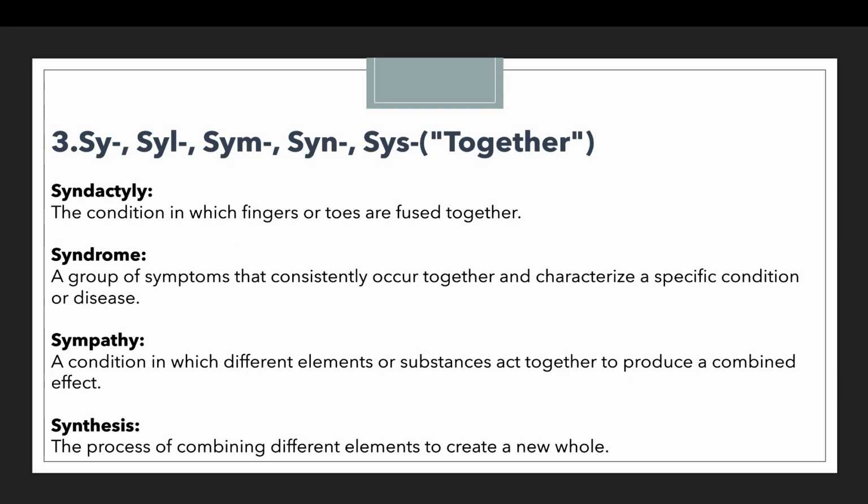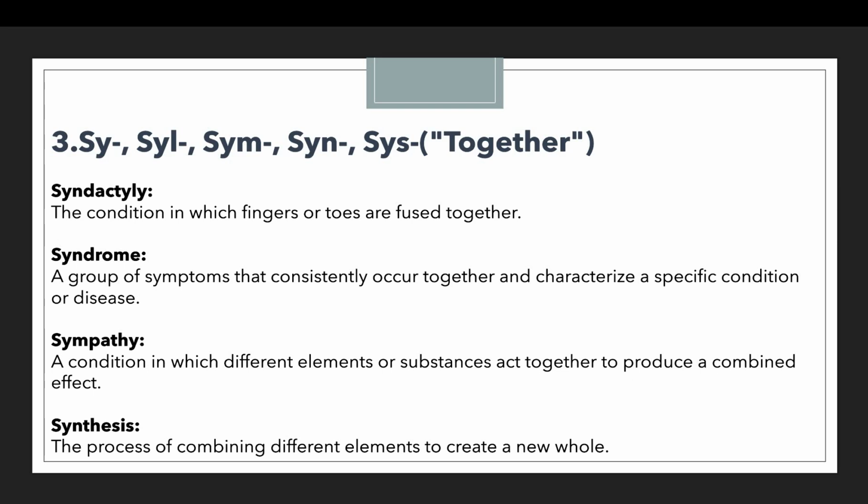Now similarly we have sympathy. Sympathy means a condition in which different elements or substances act together to produce a combined effect. Then in that case we will call it sympathy, which is composed with the prefix sym. So again here you can see combined effect. To produce a combined effect, substances and elements come to act together. So again it is producing the sound of togetherness.